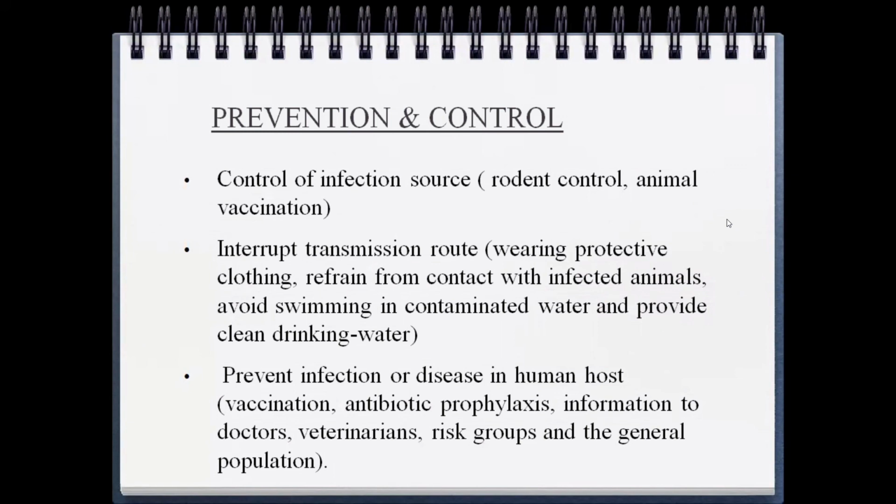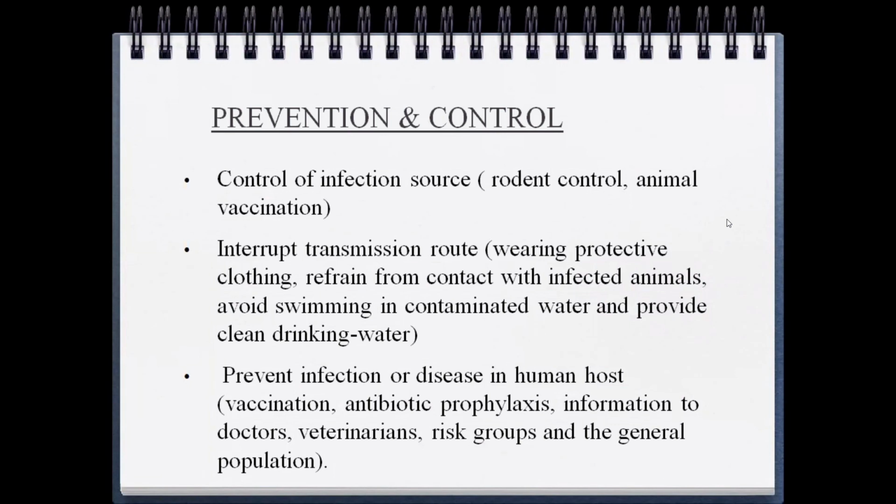Also rodent control and animal vaccination. If you have pet animals in the house, we generally advise vaccination. Interruption of the transmission route means wearing protective clothing, refraining from contact with infected animals, avoiding swimming in contaminated water, and providing clean drinking water.